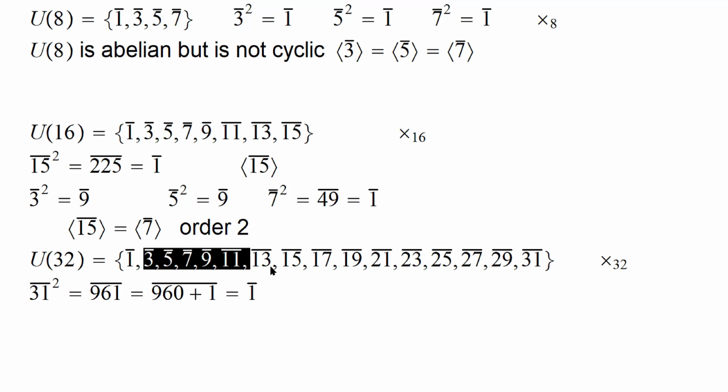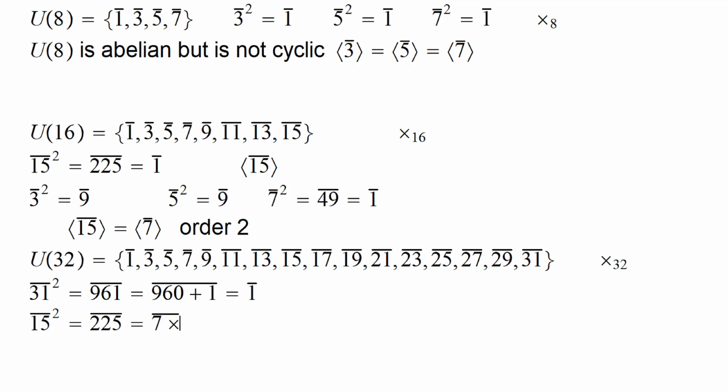We may try. We are going straight to 15, somewhere in the middle. And here, if I look at this, 15 squared is what? The class of 225, and then this simply becomes, we are going modulo 32. So 7 times 32 is 224, right?